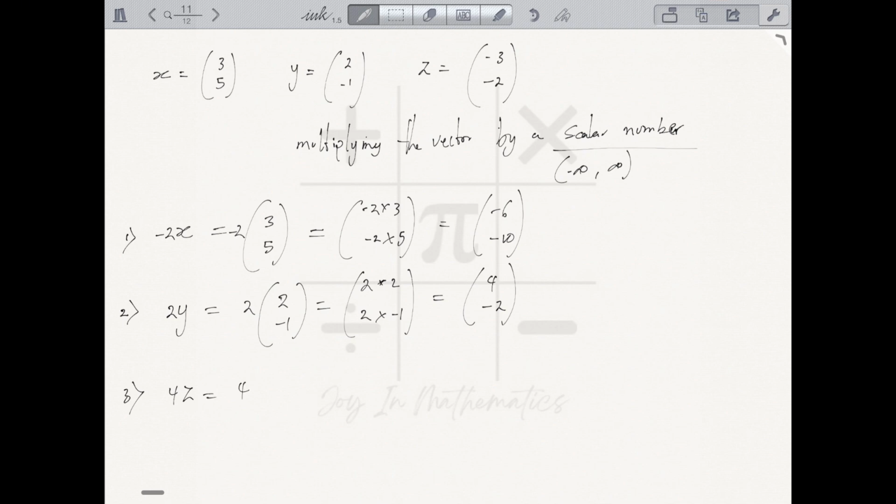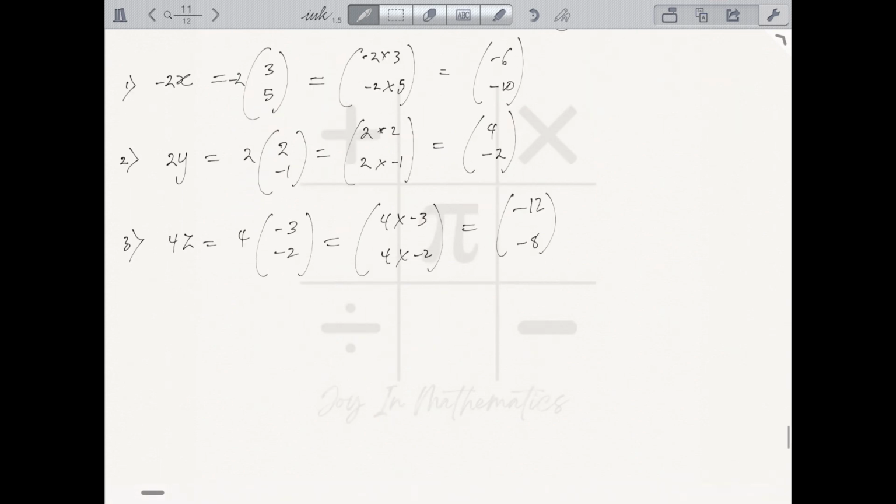So we have 4 multiplied by the z vector, which is minus 3 minus 2, and we multiply each component. That's 4 multiplied by minus 3, 4 multiplied by minus 2, and this gives us minus 12 on the x-axis and minus 8 on the y-axis.